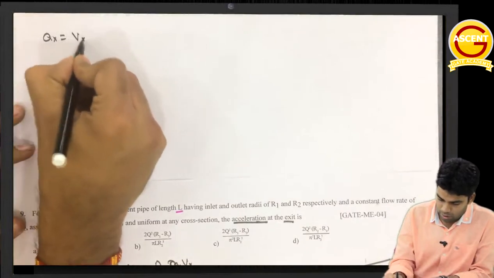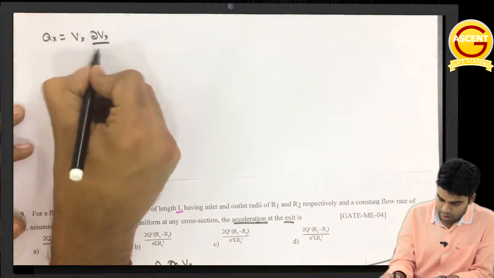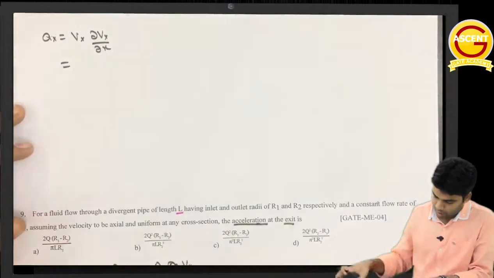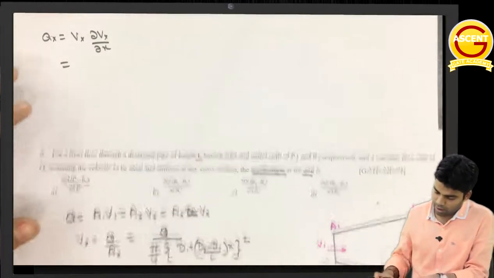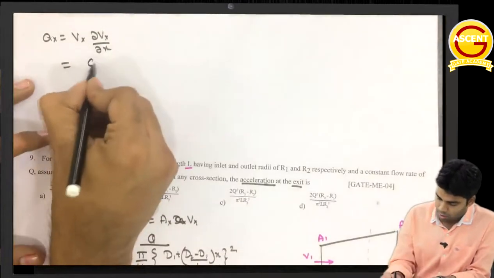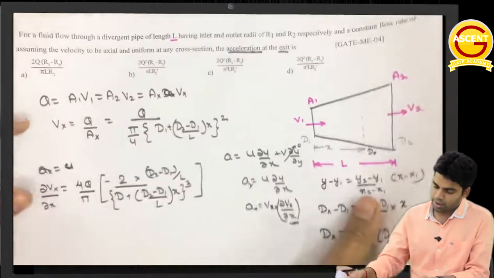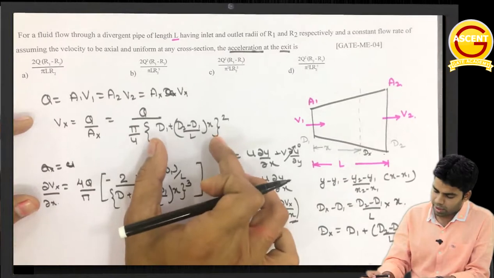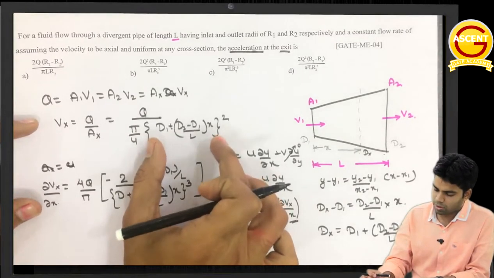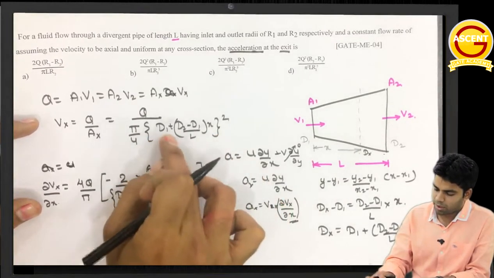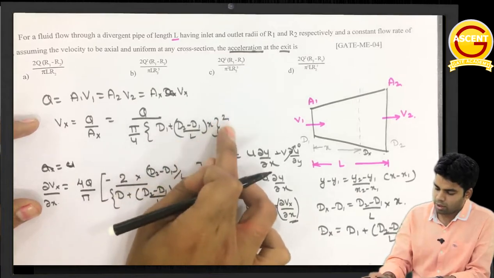Ax is equal to, as I told you, Vx into del Vx by del x. Vx we have as 4Q by pi into 1 by p square. Now let us take this complete term, that means d1 plus (d2 minus d1) by L into x, as p.